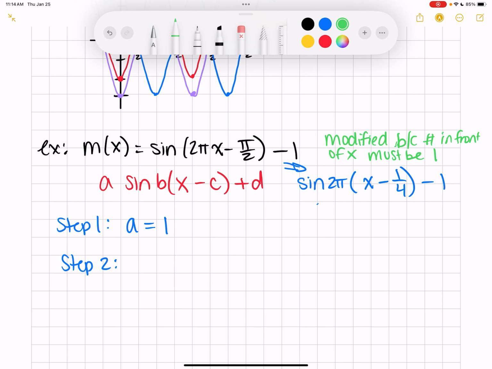Now, 2 pi is still going to be b, just like we see here. Alright, so now, to find the period, it's 2 pi over 2 pi, so it's just going to be 1. That's nice.